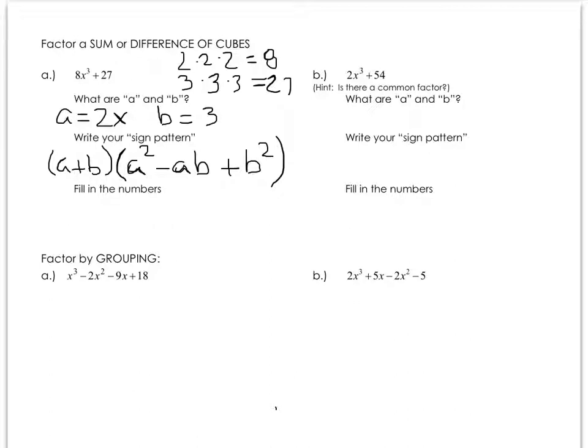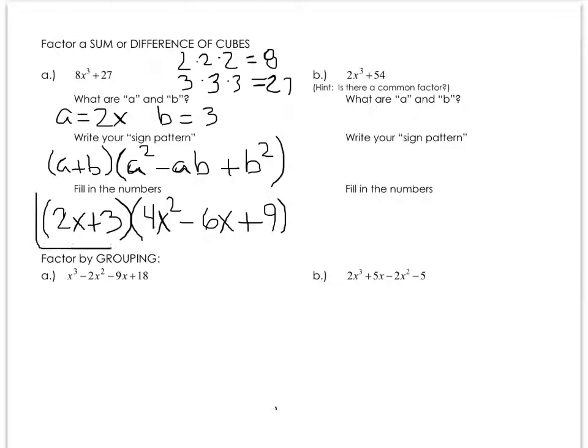So the first parentheses is just A plus B, so 2x plus 3. Second parentheses is A squared. Our A is 2x, so 2x times 2x is 4x squared. Minus A times B, so 2x times 3 is 6x, plus B squared, and B is 3, so 3 squared is 9.